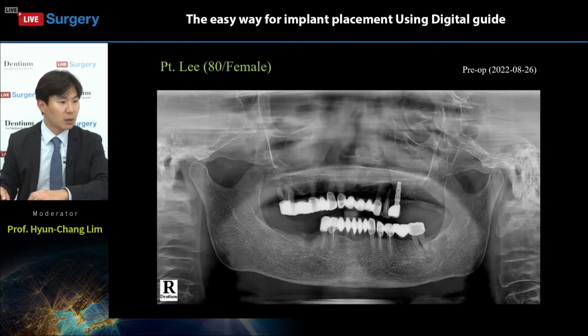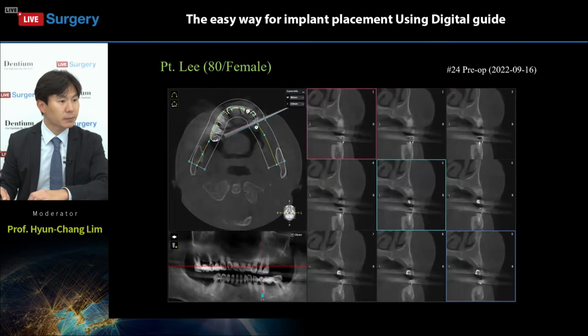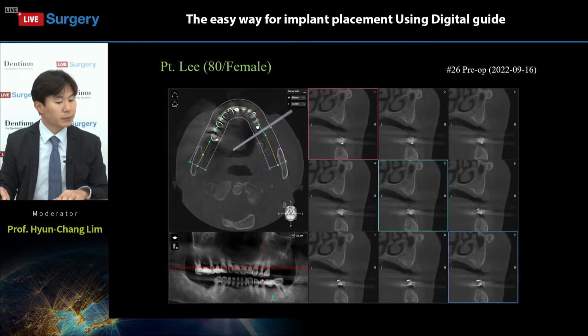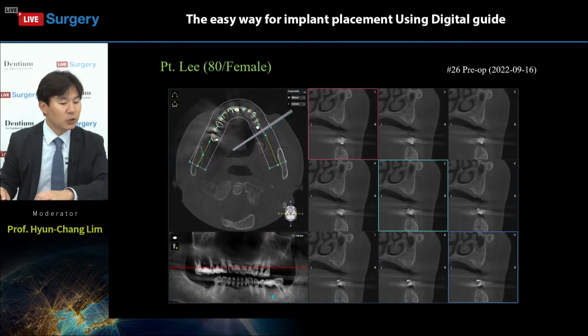We have already seen the panoramic radiograph, and this is a CBCT. This area is the 24 area, and we can see a periapical lesion in the apical part of tooth number 24, and the buccal thickness of this tooth is approximately 1 millimeter. And this is the 26 situation.